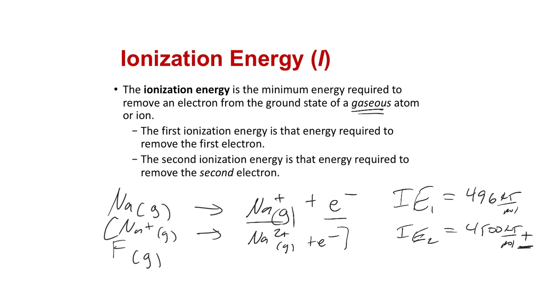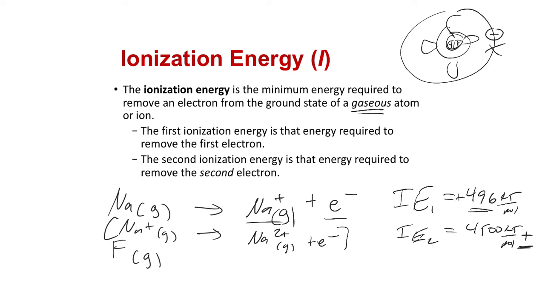So if we think of sodium, 1s2, 2s2, 2p set of orbitals on an 11 plus charge, and then we have the 3s. Removing this electron here takes this much energy. It's positive, since it takes energy to break that negative-positive attraction. If we think of the energy of electrostatic attraction, kappa Q1 Q2 divided by D, for sodium this was about 496.